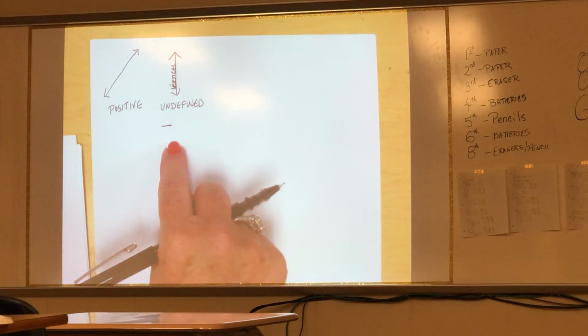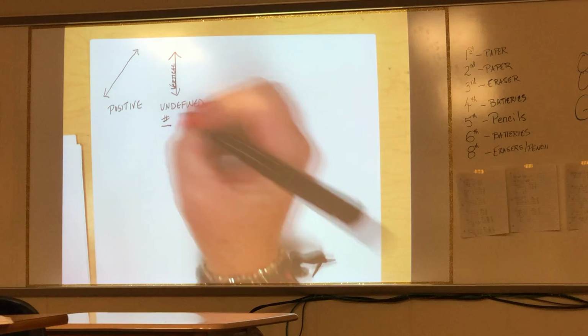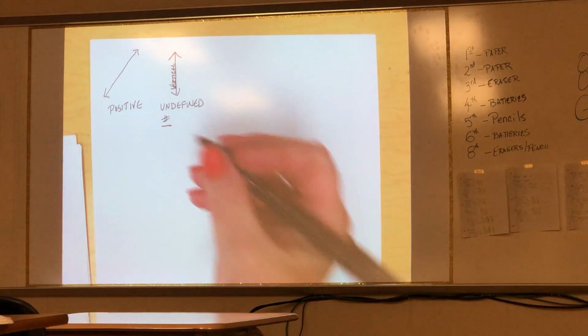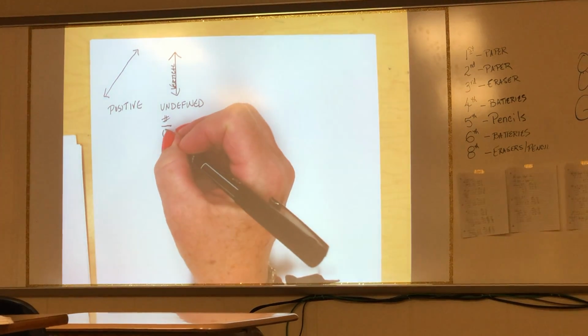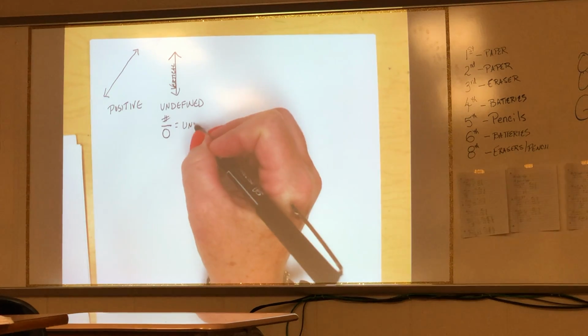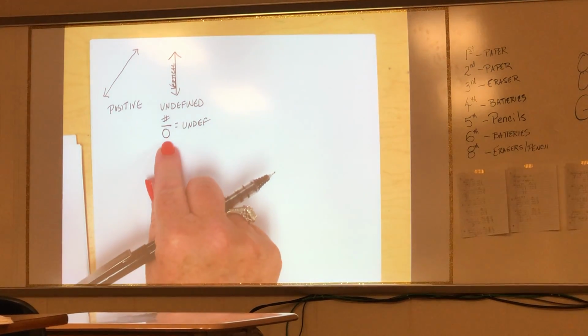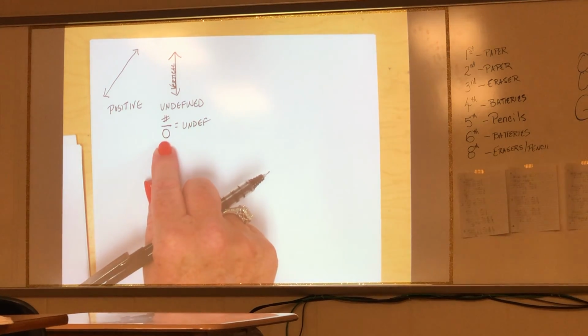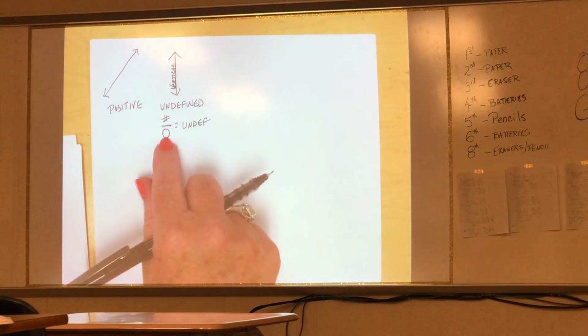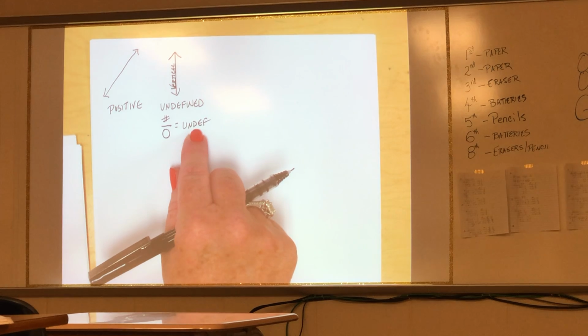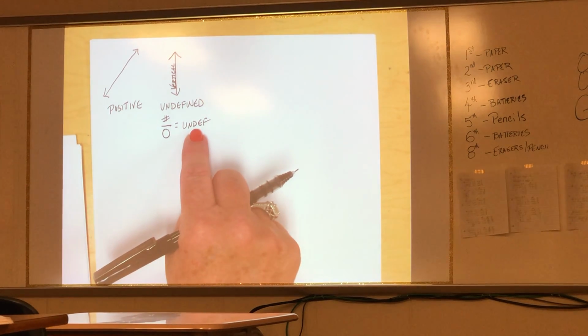So when you find a slope and you get some number, I don't care what the number is, if it's over 0, then that is undefined. If you leave it as a number over 0 and you don't tell me that it's undefined, I will mark it wrong. I will not give you partial credit.